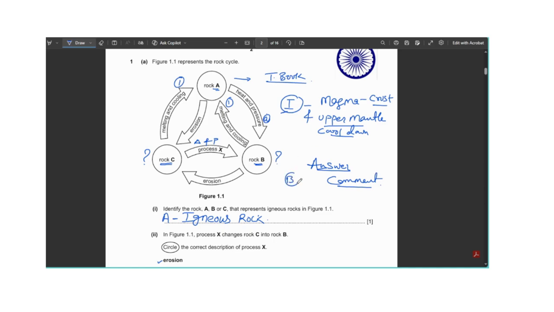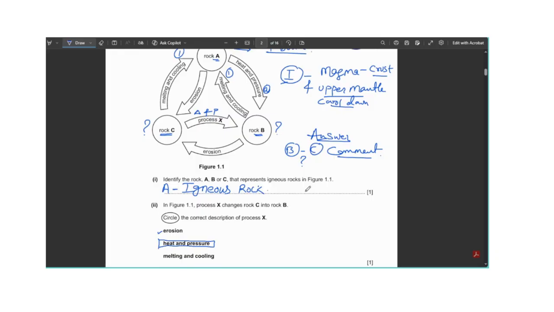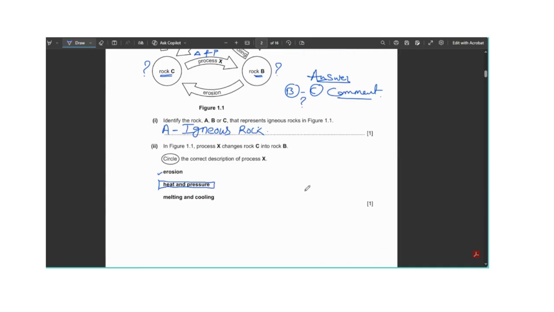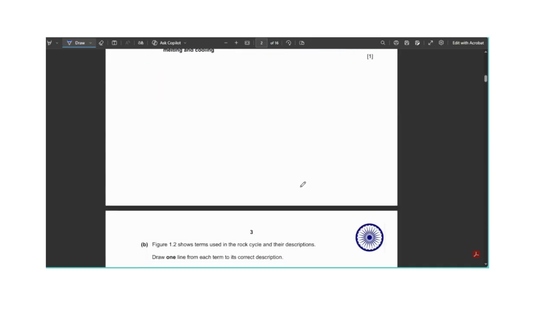B and C rock. We got A as igneous, you have two options left, sedimentary and metamorphic. Which one is representing sedimentary and metamorphic? Is it B or is it C? Now the C rock is changing into B rock, and we know that it is by heat and pressure. So this is okay.